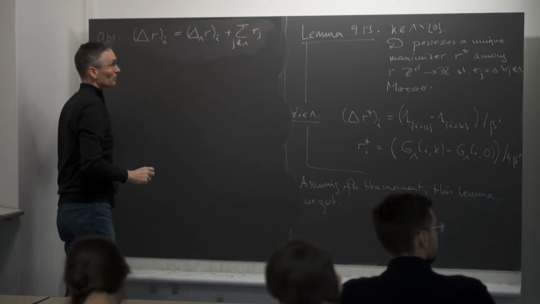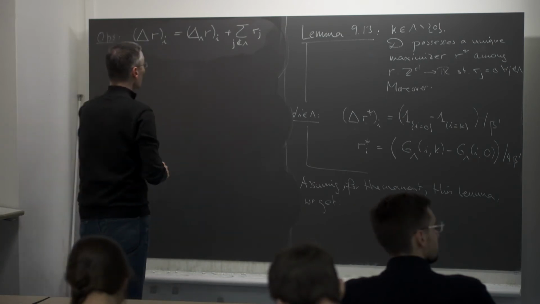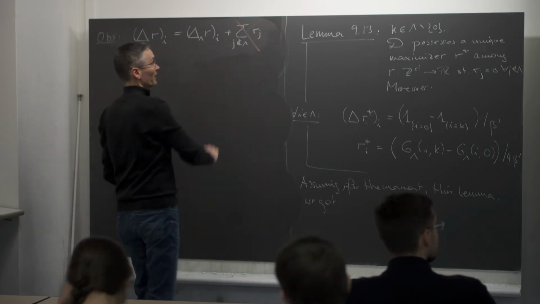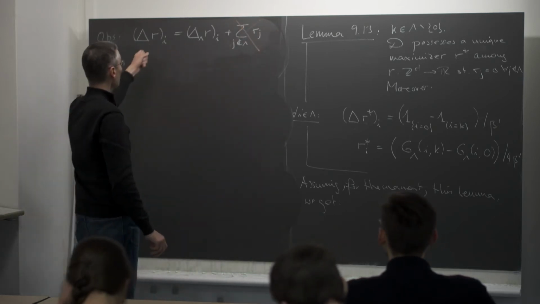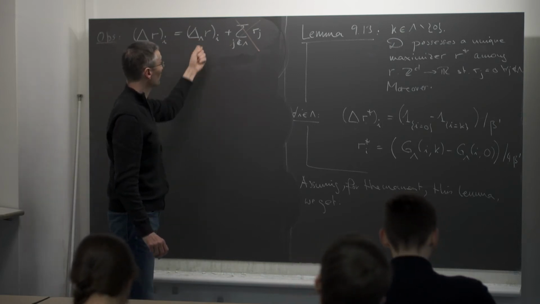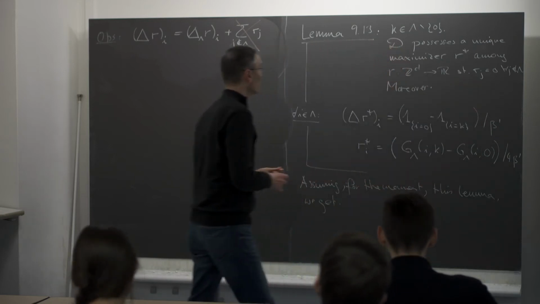That was just an identity that we derived in this other chapter. But now outside the box lambda, R is 0. So this correction is actually not there. Okay, so the Laplacian of R, the usual Laplacian, the Laplacian restricted to lambda, it gives you the same result as long as you're only considering functions which vanish outside the box lambda.